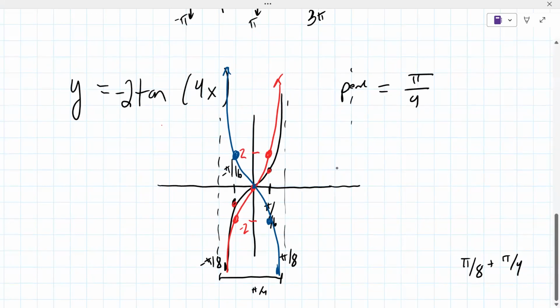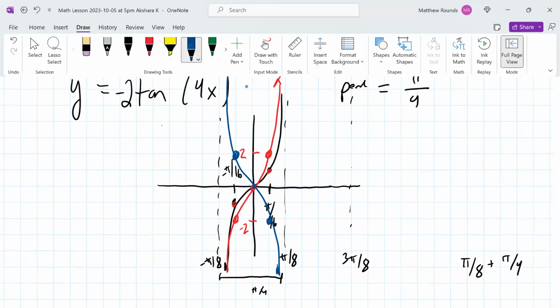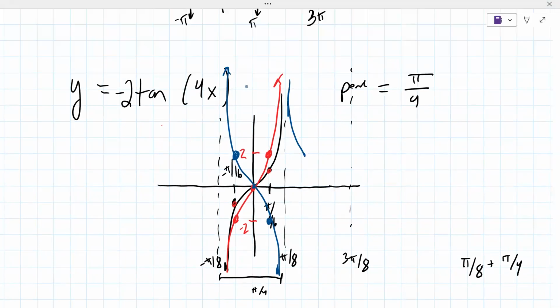All right, that's 3 pi over 8. You would just replicate this over here to the right. Wouldn't we add? Oh wait, how did we get? Oh, because the period's on both sides. Sorry, never mind. That makes sense.